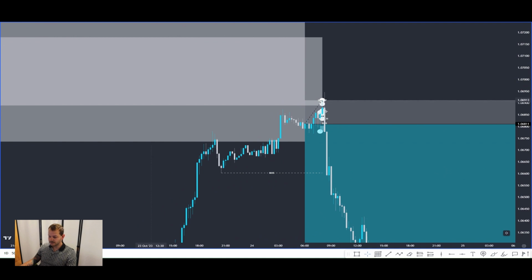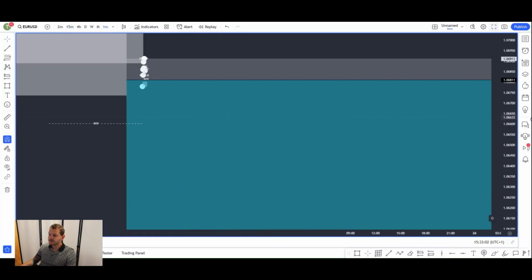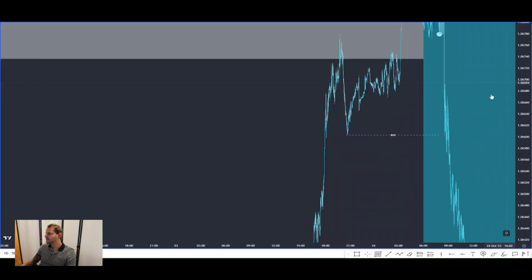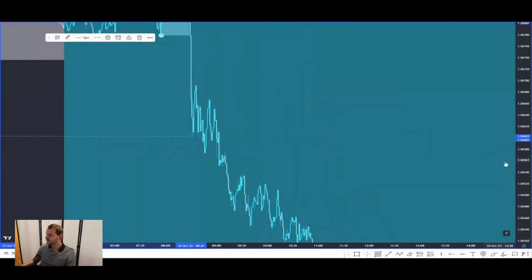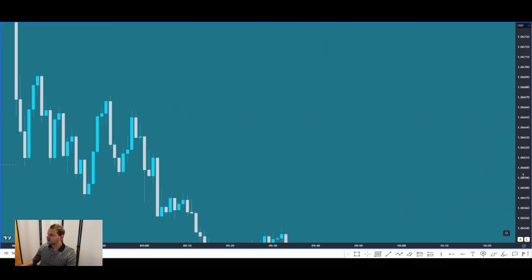So let's go on the 1 minute again, and let's see if there's an area that we could have got. Right, so let's zoom in. Let's have a look. So the break of structure, guys, the 15-minute break was there. It was a slight wick, so let's have a look at what we've got.